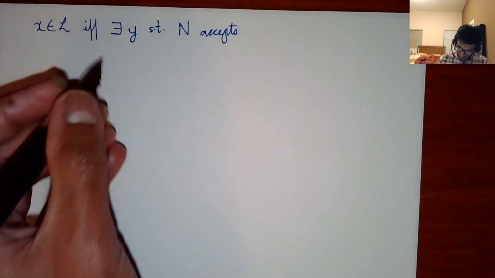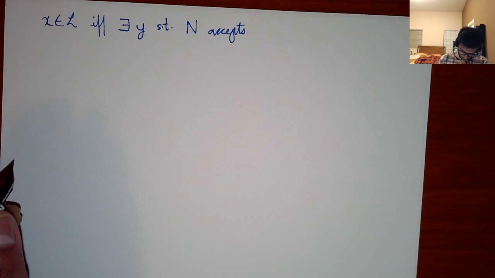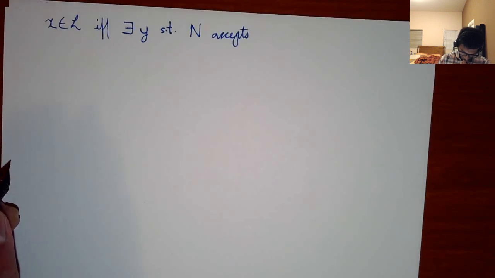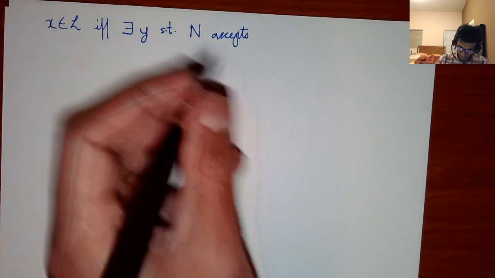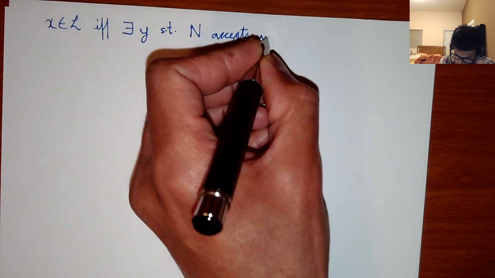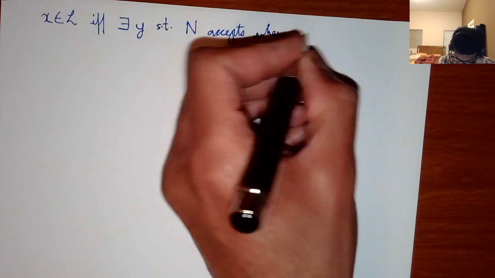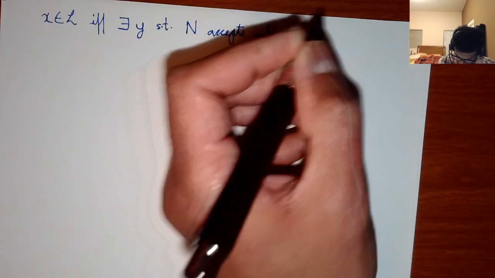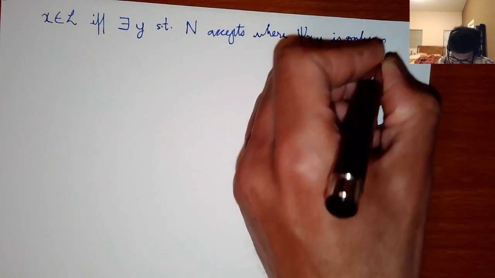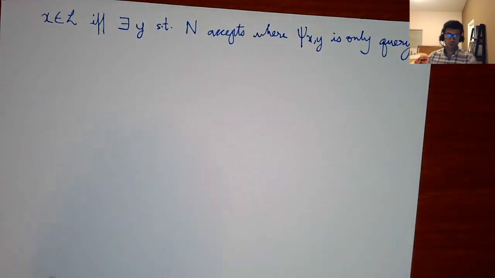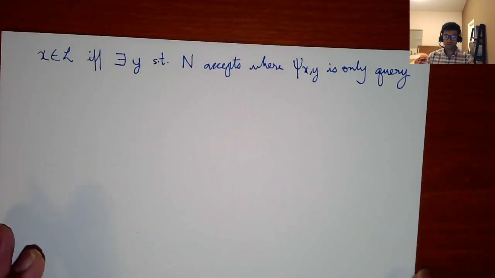So x is in L if and only if there exists a y such that N accepts, where C of xy is the only query that is made.